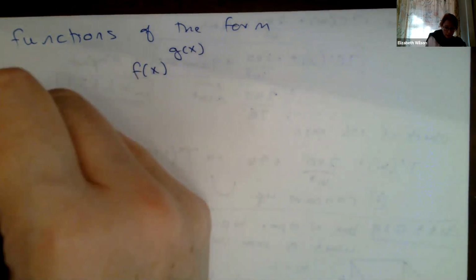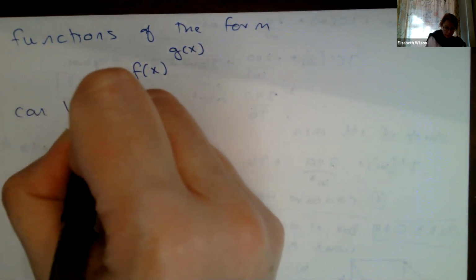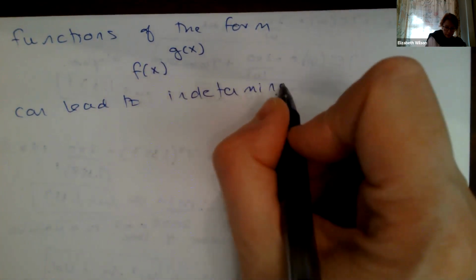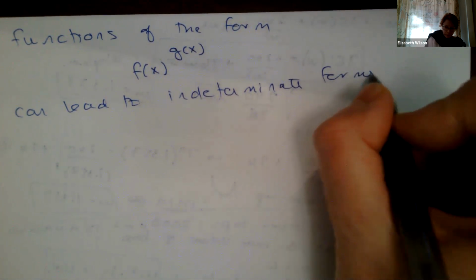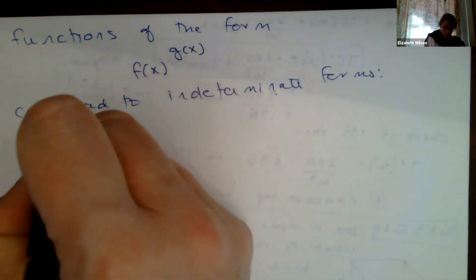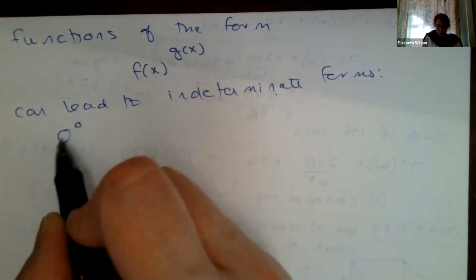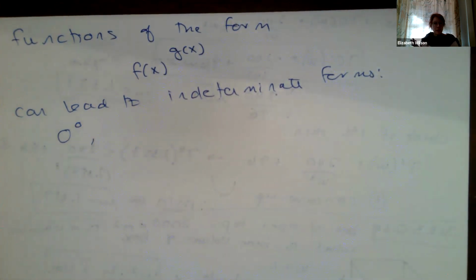This can lead to indeterminate forms that look like this. I can get 0 raised to the 0 power. Well, is it 0 or is it 1? Which rule is going to win out? If you're asking yourself that question, it's probably indeterminate.